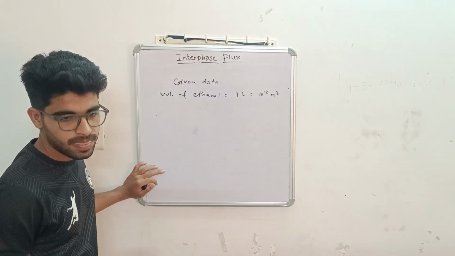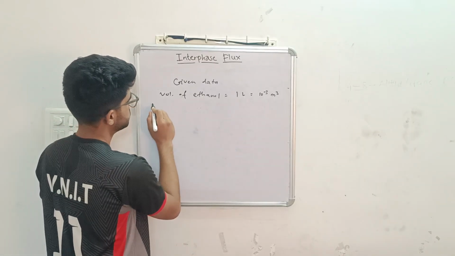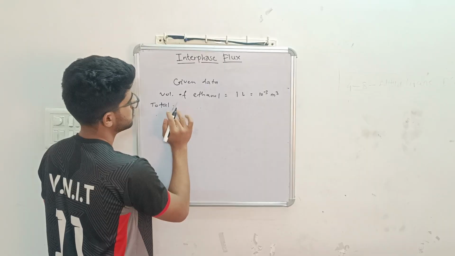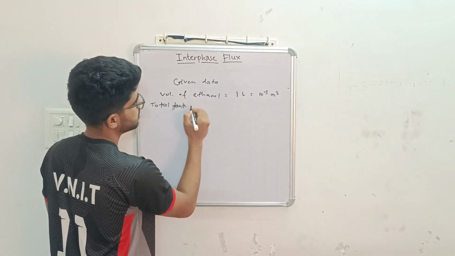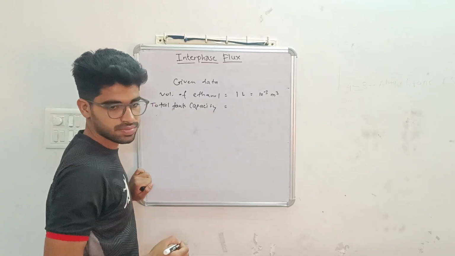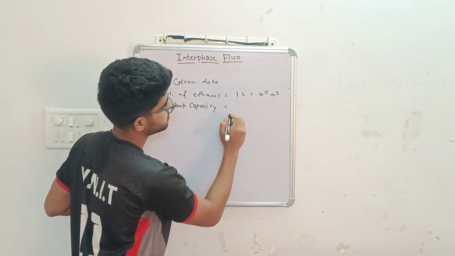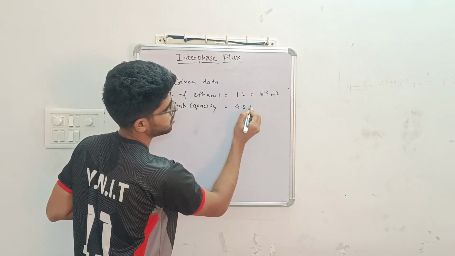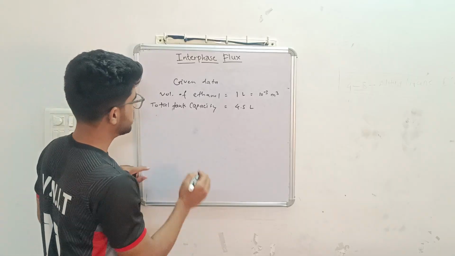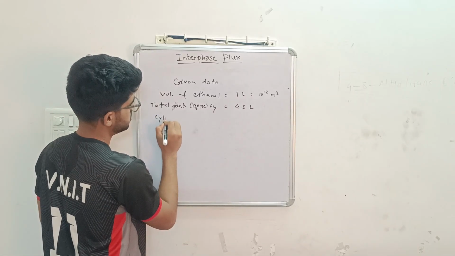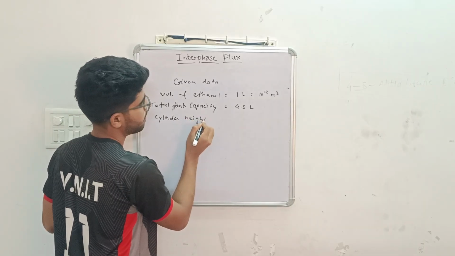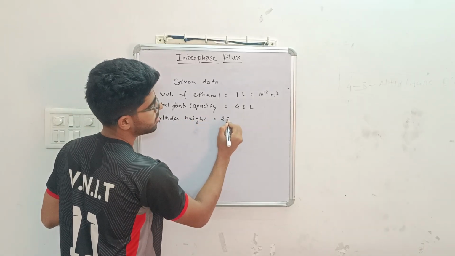Next one is total tank capacity, which is equal to 4.5 liter, and the cylinder height is 2.5 meter.